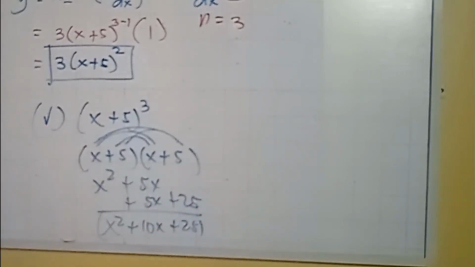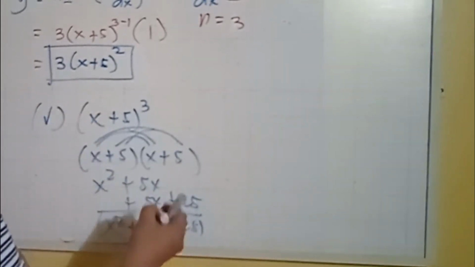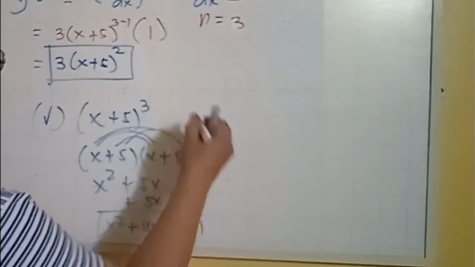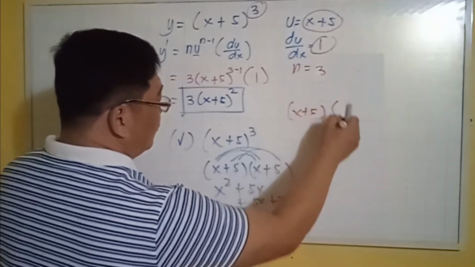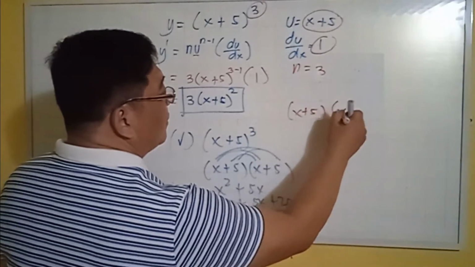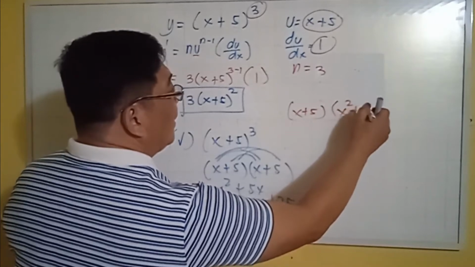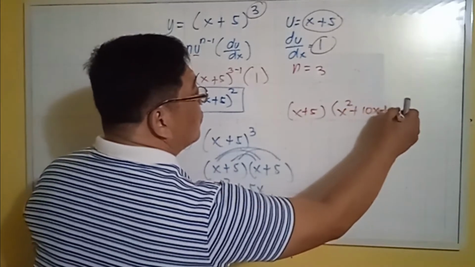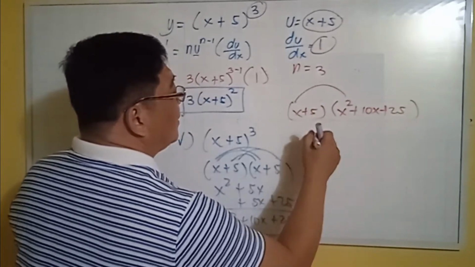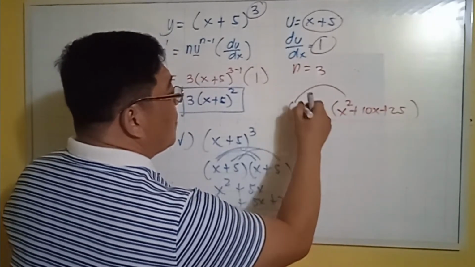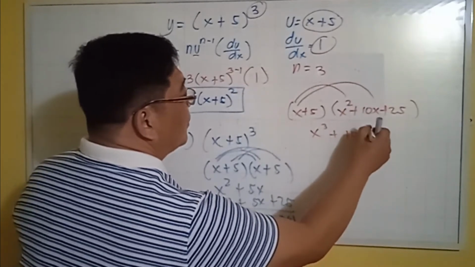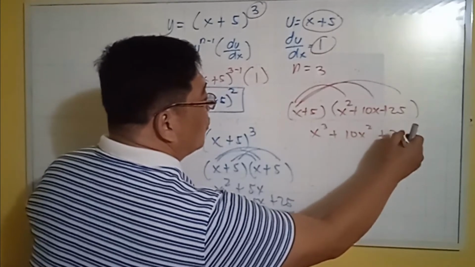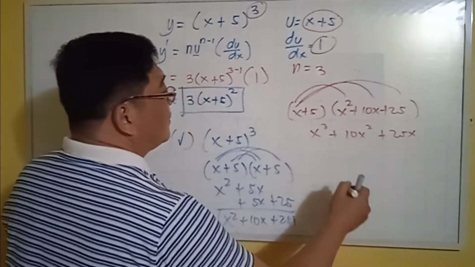And then you're going to distribute again. So we're not going to use binomial expansion. So let's use distribution. So again, we have x plus 5 multiplied by this trinomial x squared plus 10x plus 25. And then distribute x cubed, x times 10x is plus 10x squared, x times 25 is plus 25x.